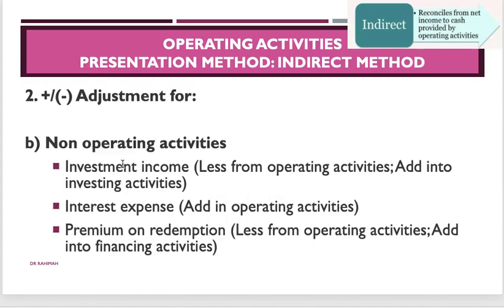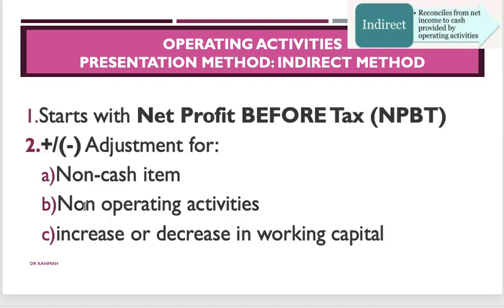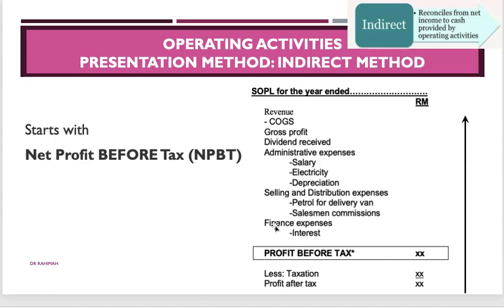Alright, and then what is the meaning of non-operating? Okay, non-operating here you have to adjust. What does it mean? For example, when you prepare the cash flow, you have 3 categories: operating activities, investing activities, and financing activities.